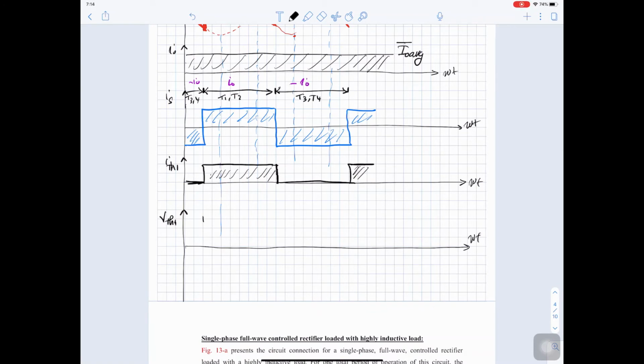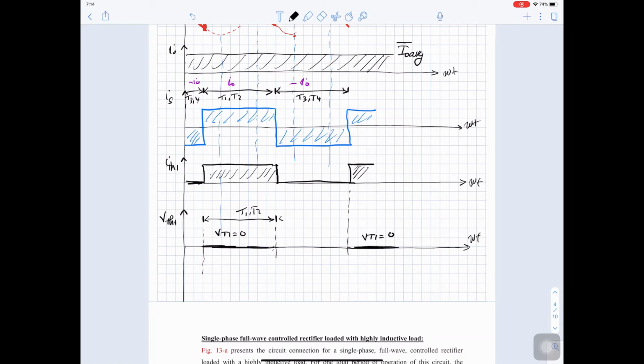So thyristor 1 is on from this point up to this point here. So here we have thyristor 1 and 2 on. So when thyristor 1 is on, its voltage is 0. And then it will be on again starting from here. So V thyristor 1 equals 0.